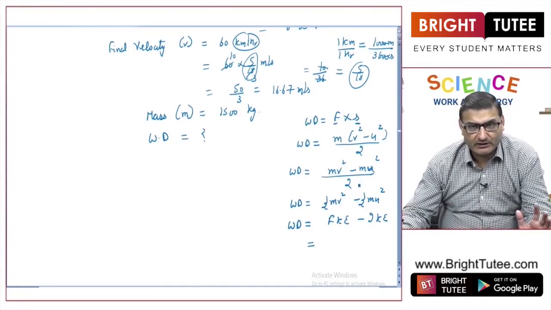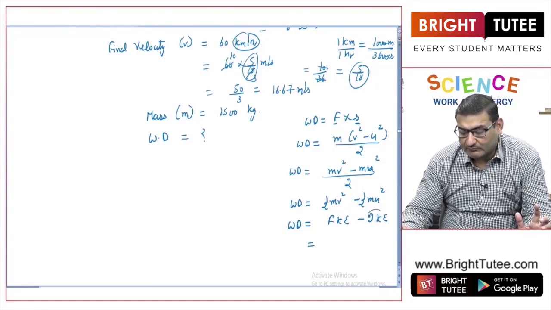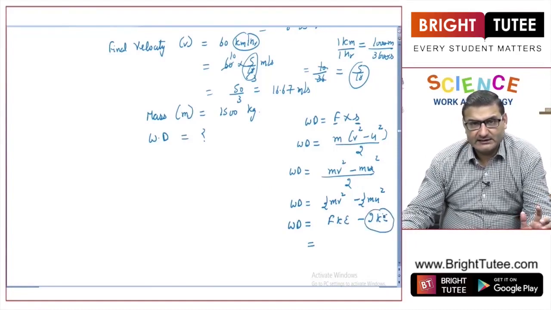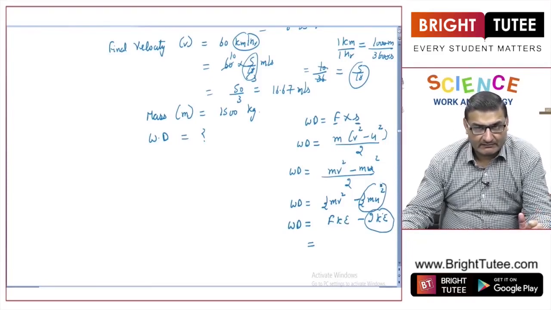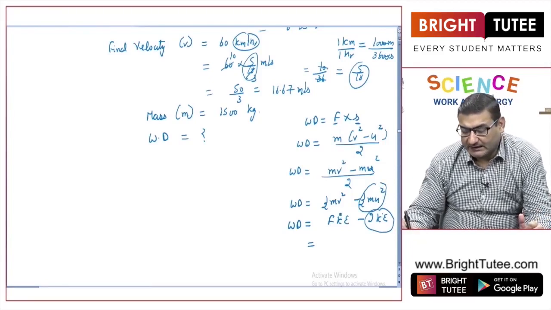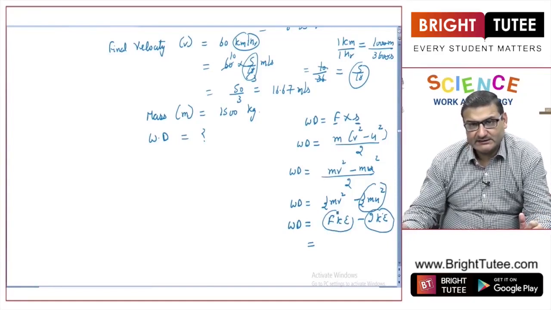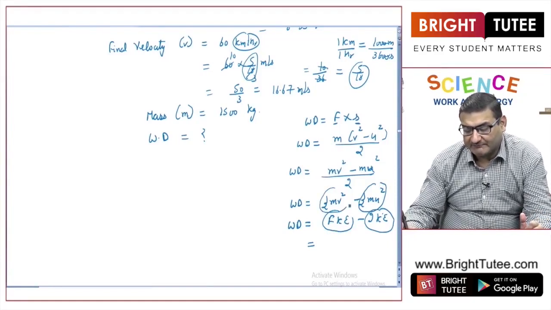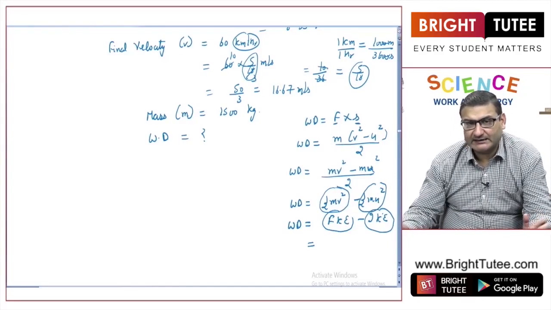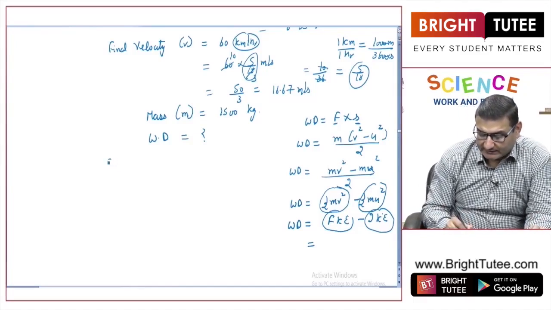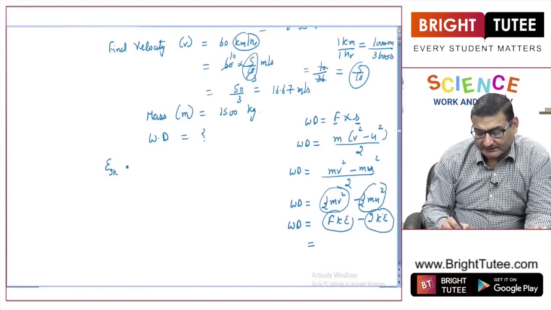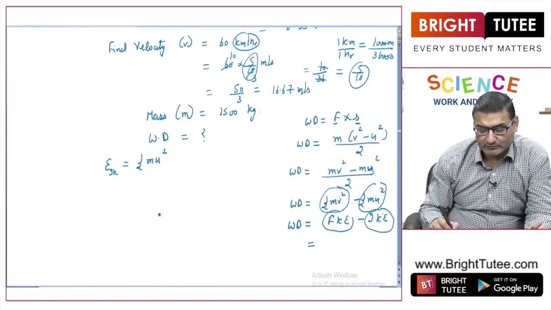So first of all, I will calculate the initial kinetic energy with the formula half mu square, the initial velocity. Then I will calculate the final kinetic energy with the formula half mv square, and then simply I will take the difference. So when I calculate the initial kinetic energy of the body, it is half mu square.